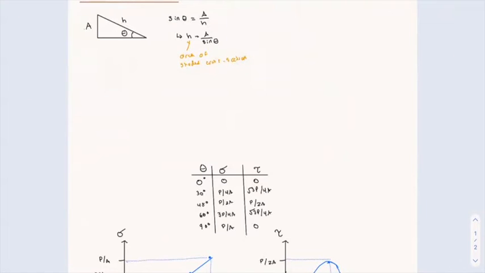So here, h represents the cross-sectional area that the normal and shear stress are acting over.